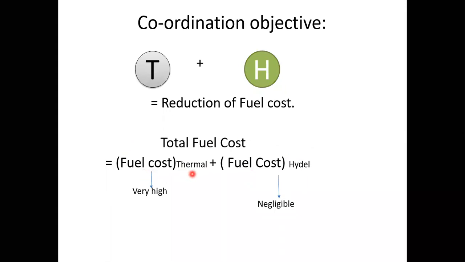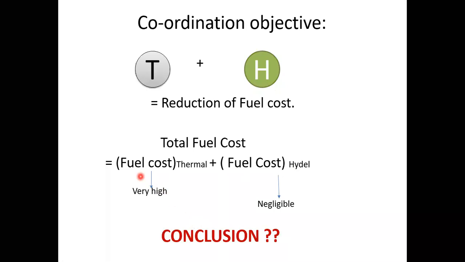So when you are considering only a single thermal power plant, our objective is to minimize the fuel cost of the thermal. Similarly, when you are considering the coordination of the two different power plants, here also the main objective is to minimize the fuel cost of the thermal power plant itself. The reason is the fuel cost of the hydel is nothing but zero or negligible. So what is the conclusion here?